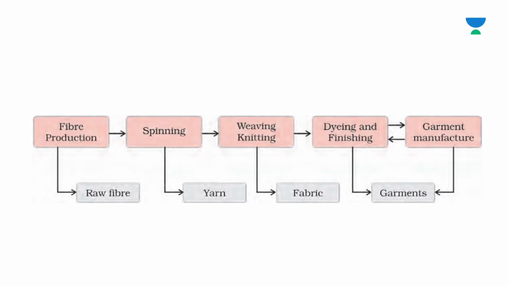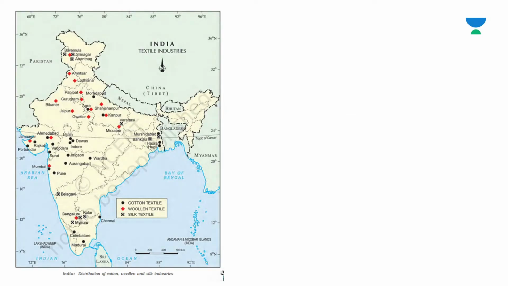The first successful textile mill was established in Mumbai in 1854. Then we discussed cotton textile in detail.